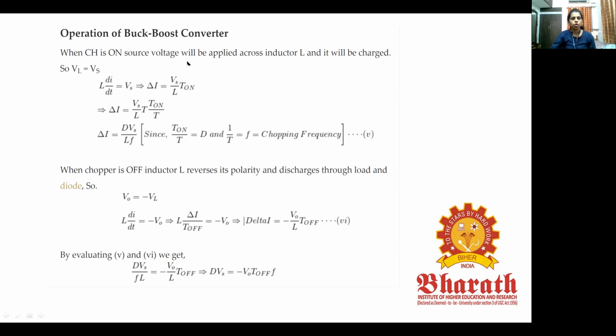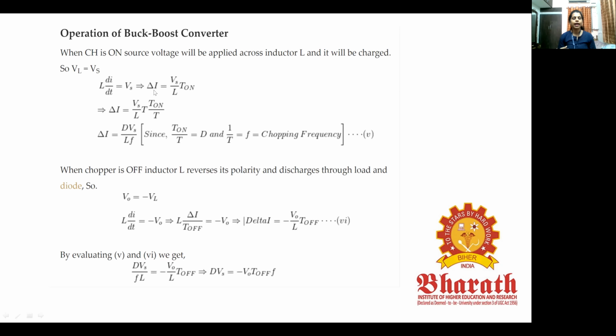When the switch is on, the voltage appears across the inductor and it gets completely charged. So my inductor voltage will be equal to the source voltage. At that time L into di by dt will be equal to Vs. As we did for the previous case, ΔI is nothing but the increase in current value. That is, your inductor is getting charged.